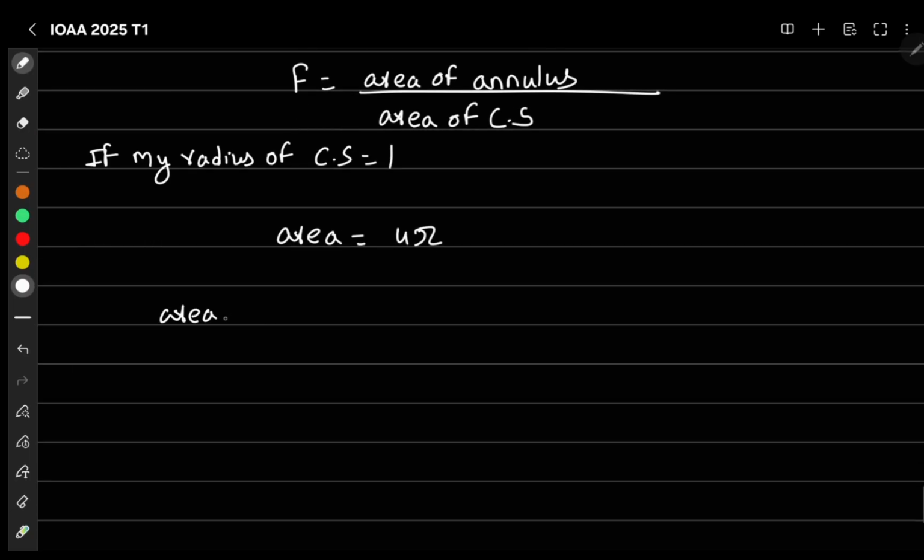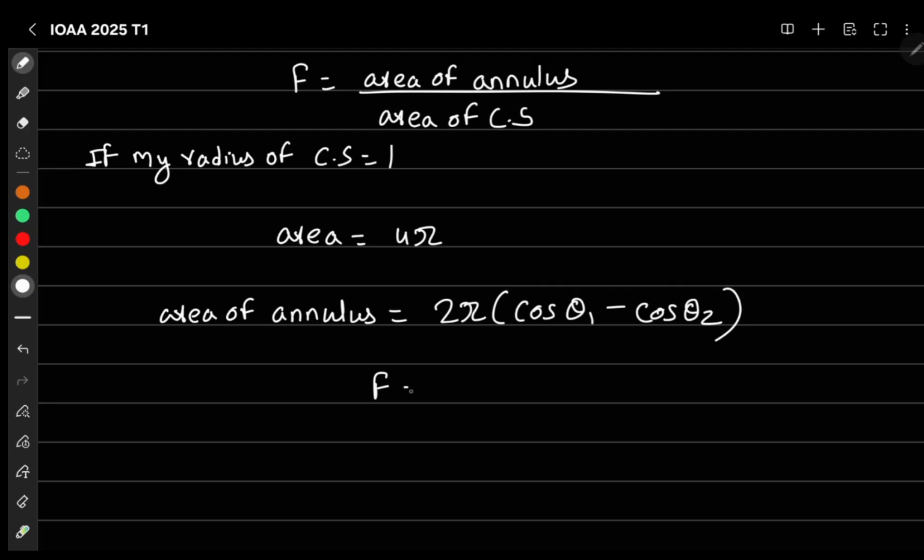Now the area of the annulus will be 2 pi (cos theta 1 minus cos theta 2). So F equals 1 by 2 (cos theta 1 minus cos theta 2). It turns out to be 2.13 times 10 to the power minus 3.